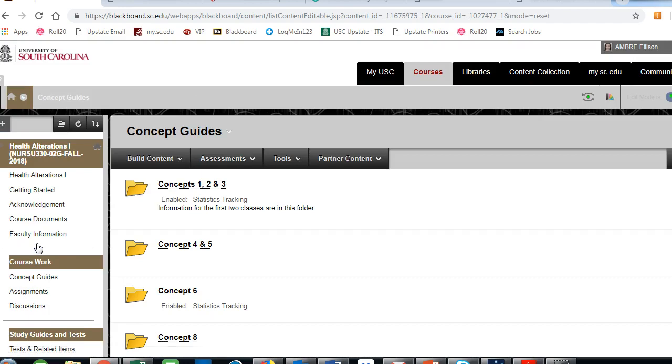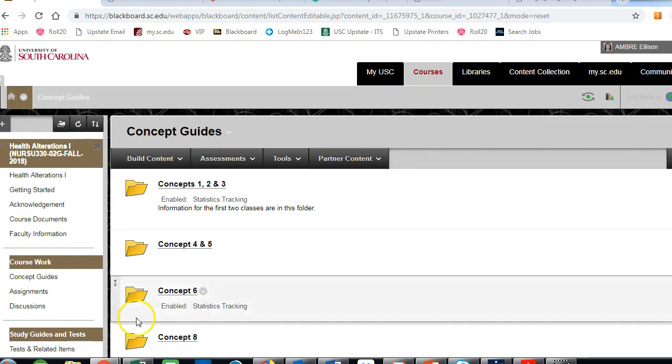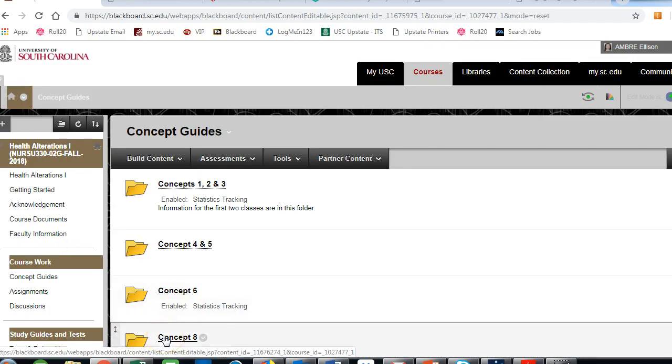So before class, what you need to read is chapter 27, because that is about your cardiovascular and therapeutic interventions and tests. Page 161 to 162, and then on 162 it starts talking about hemodynamic monitoring.